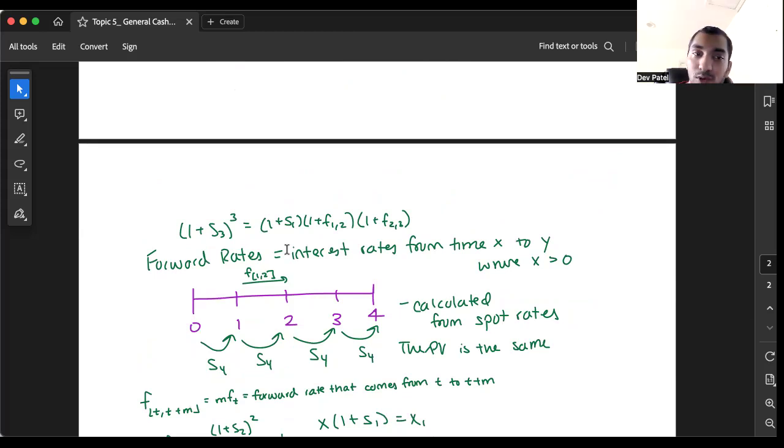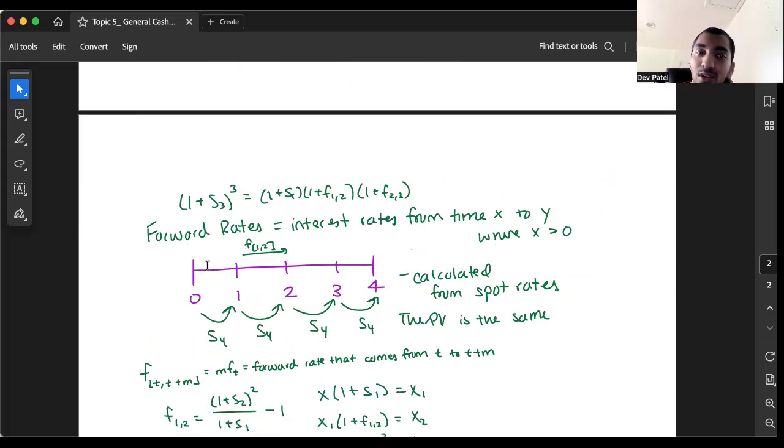And why do we need these forward rates? Let's say you purchase something at time 0, then the spot rate would be applied at the end of year 1, at the end of year 2. But now let's say that you made an investment at year 2.